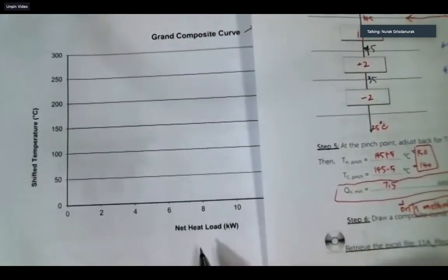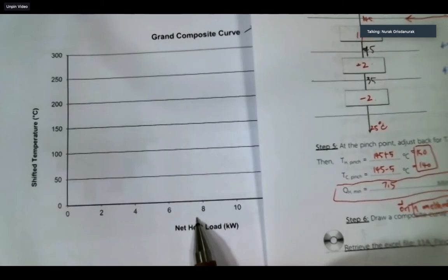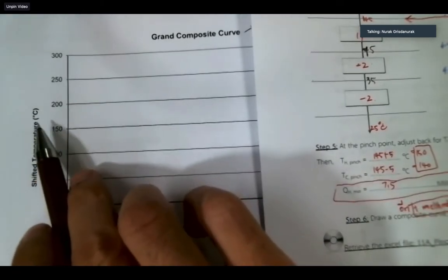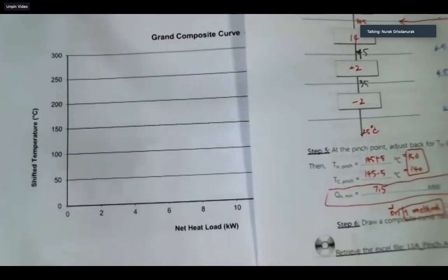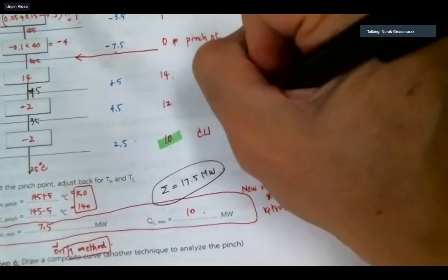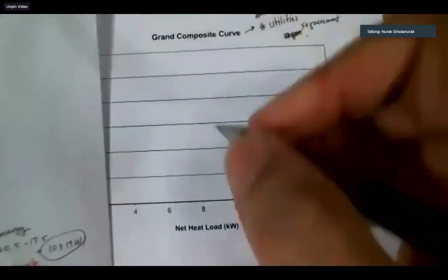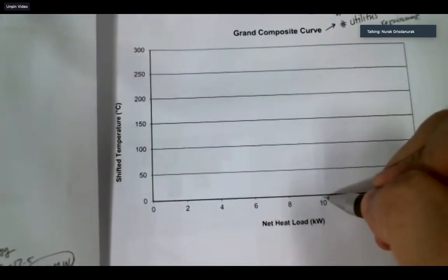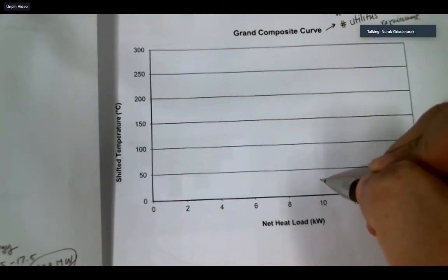If you look at this, the heat is on the x-axis, the temperature is on the y-axis, so very easy. You get the first point is x 10 and 25, right? 10 and 25.